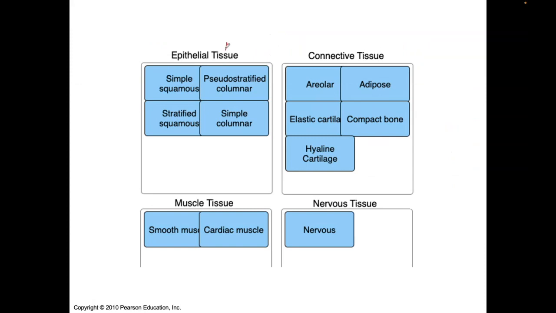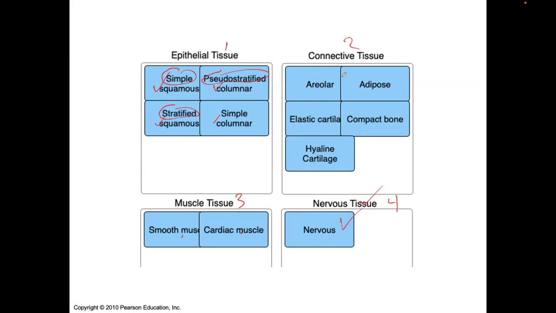Okay, again, we have epithelium, connective, muscle, and nervous, and it's a drag and drop. So nervous goes with nervous. Muscle tissue, that's smooth muscle, cardiac muscle, and even skeletal muscle. Epithelial tissue, the stuff that's named by the layers, simple, stratified, or pseudostratified, and things that have the shape, squamous, columnar, or even cuboidal, or transitional.